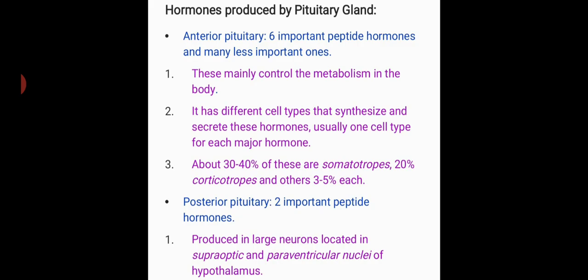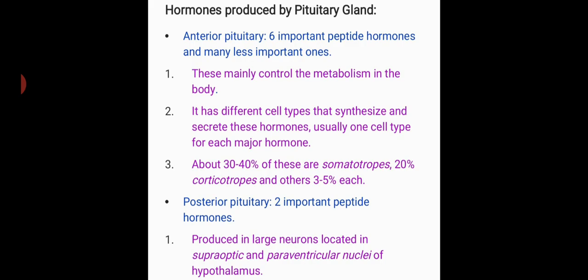Now let's see the hormones produced by pituitary gland. First, the anterior pituitary. 6 important peptide hormones and many less important ones are produced by anterior pituitary, which mainly control the metabolism in the body.